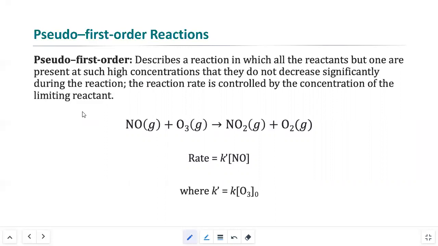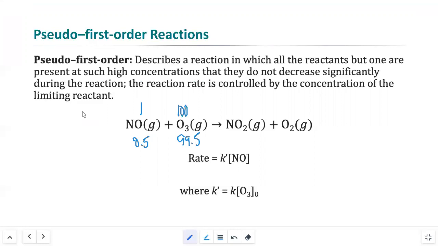Let's just say, for example, and we'll use simple terms here, that we have 1 unit of nitrogen monoxide and 100 units of ozone. After we're done monitoring the reaction, we have half a unit of nitrogen monoxide left, and because of the stoichiometry, we have 99.5 units of ozone. This is what we mean by the concentration practically did not change.